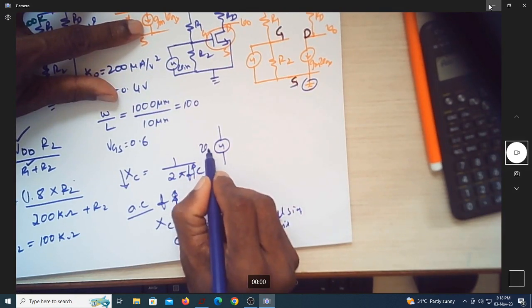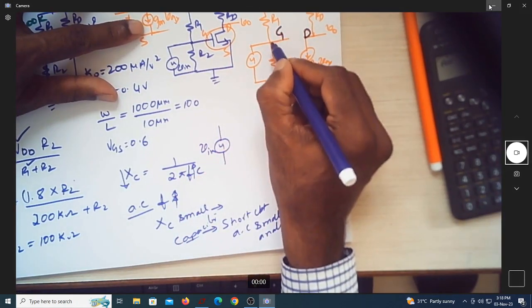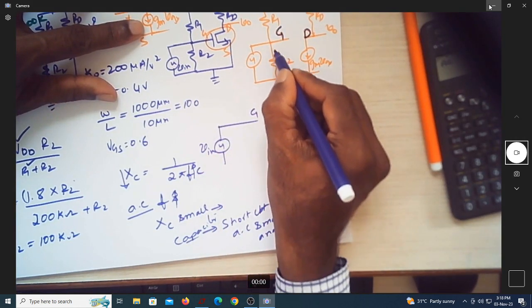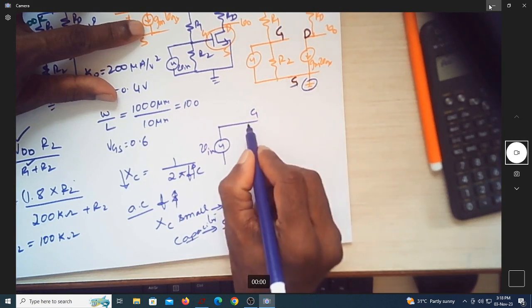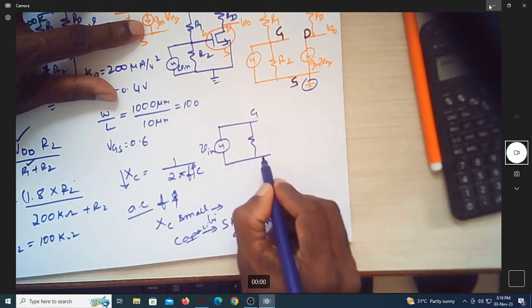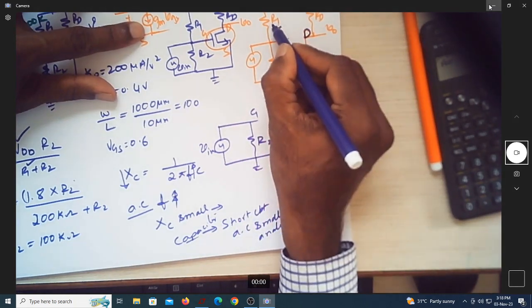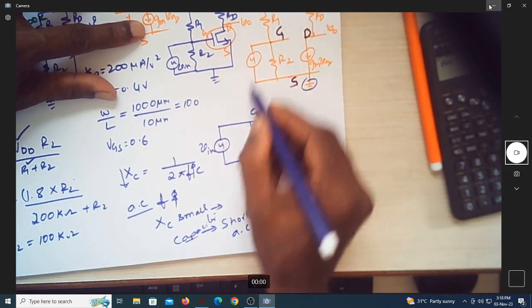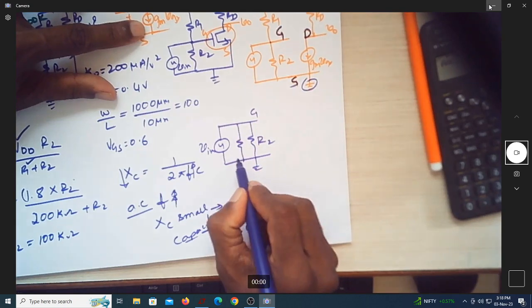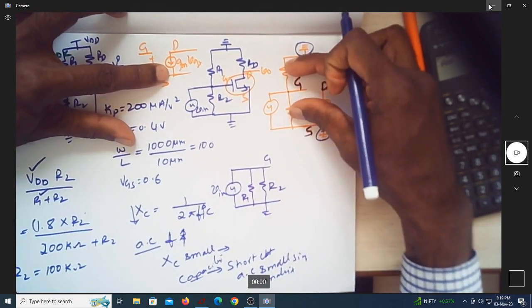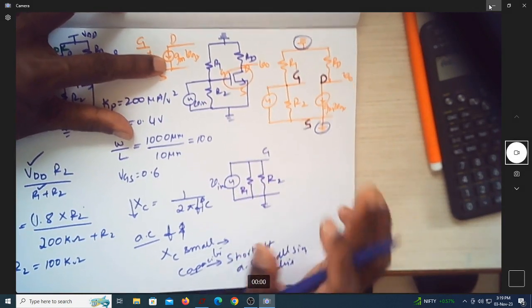This is Vin. So this is that point. To the gate, do you have a resistor R2 between this and ground? So this is between gate and ground. Can you see this R1 is also between gate and ground? Shall I write this as R1 now? Can you see this R1, R2 which are like this will look like R1, R2 parallel.